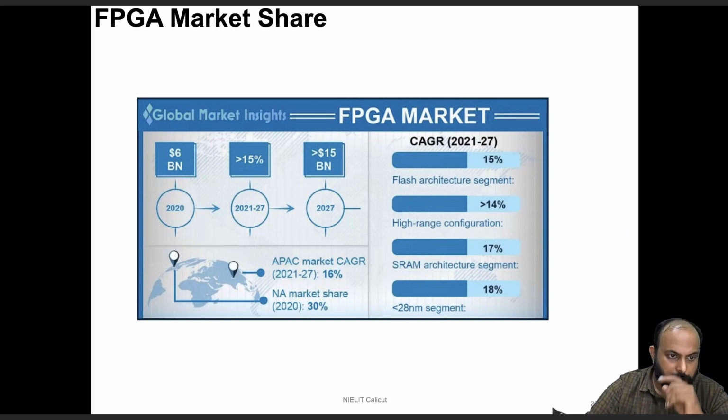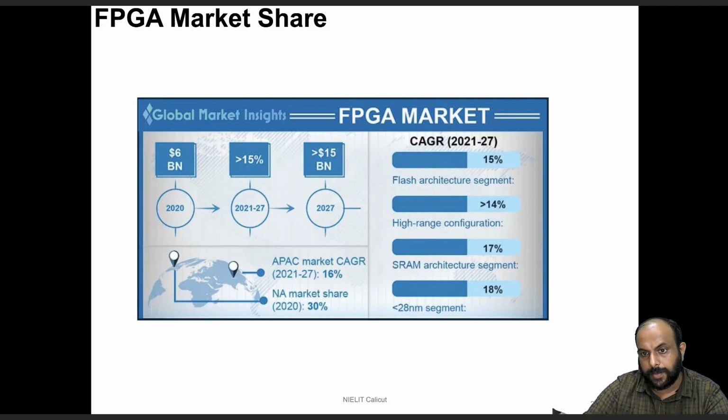Now if you look at the FPGA market share in 2020, these are statistics by Global Market Insights. In 2020, the FPGA market is worth 6 billion. By 2027, it is supposed to rise to more than 15 billion, with Asia Pacific having a compound annual growth rate of 16%, compared to the American counterpart.